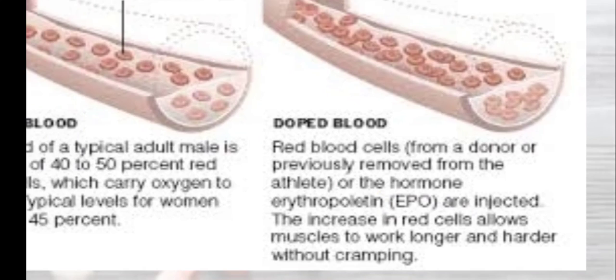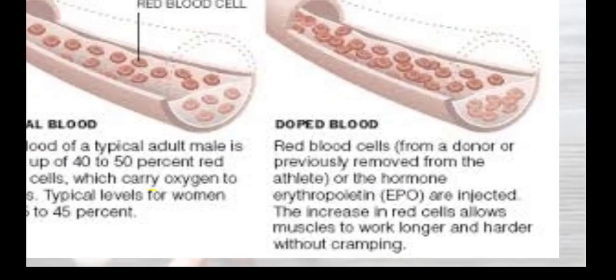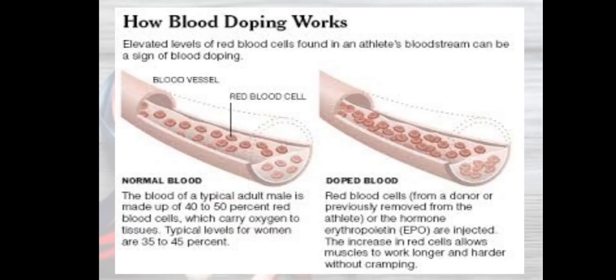That means the person who has more RBCs, which carry lots of oxygen, is going to work for a longer time period without fatigue or exhaustion. That makes the difference between the normal person and the person who has doped. This is an illegal method to increase the RBCs.